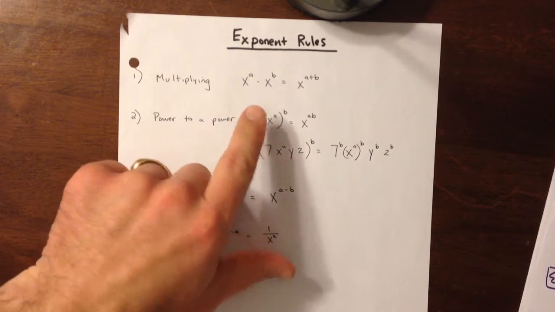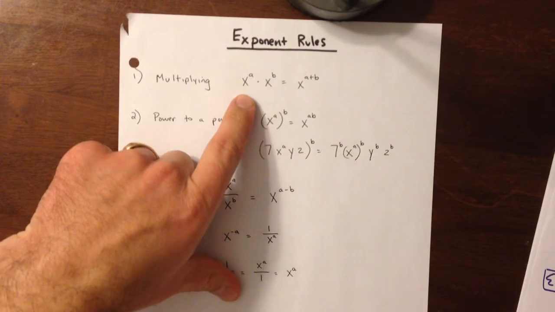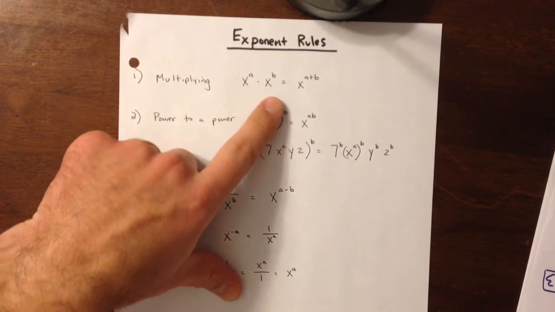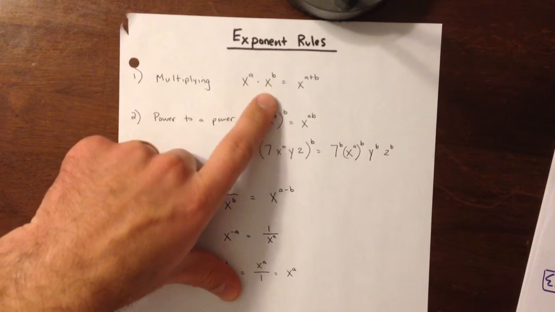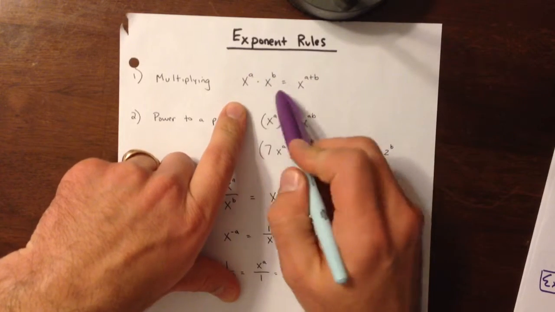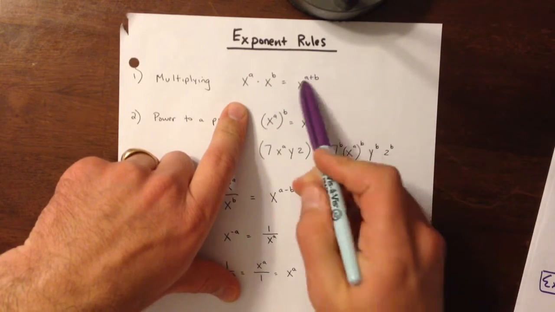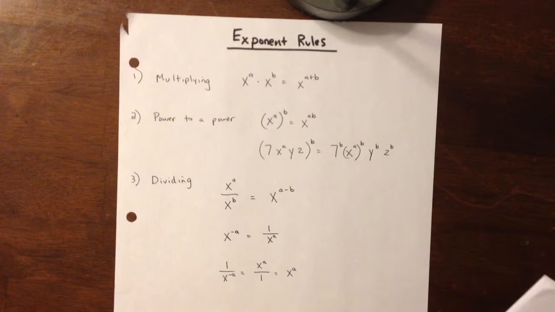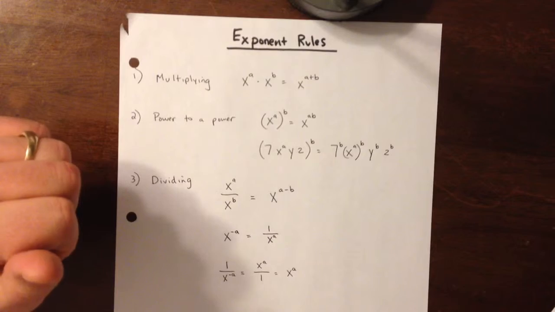So multiplying: when you multiply two exponents with the same base, you end up adding the exponents. And when you do these by themselves, it doesn't seem that difficult, but what happens is we get the rules mixed up a lot of times.